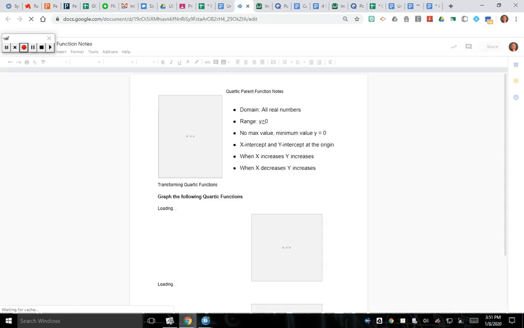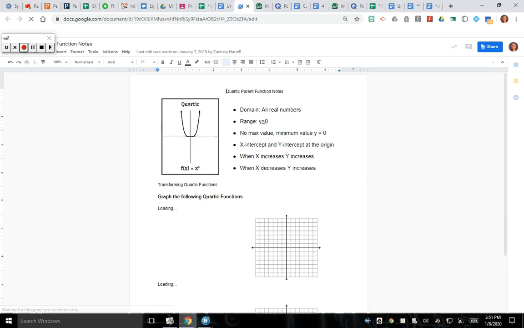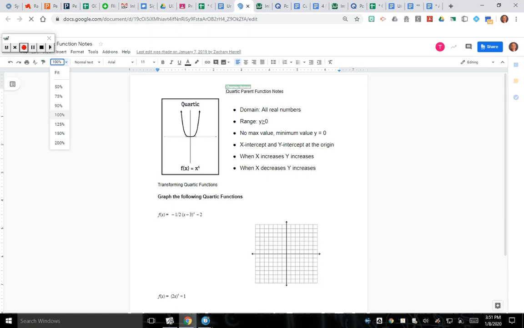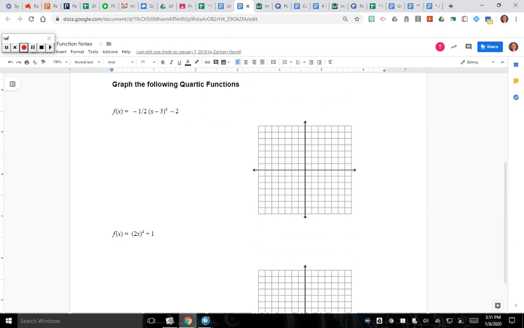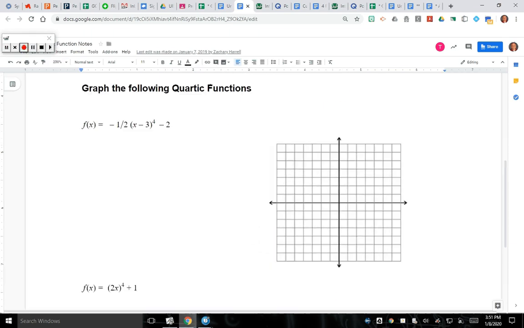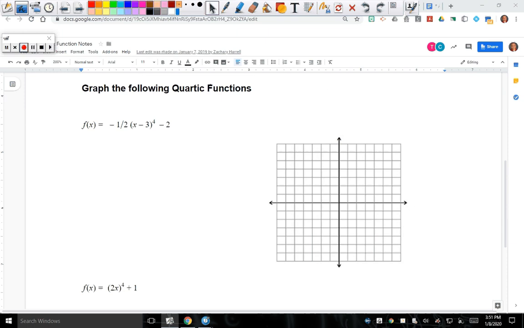Okay, so the quartic one, again, all we're going to do is list out the transformations. I want you to do the drawings and stuff, and you can watch the video if you need to, of what you would do going forward with the graphs. Here we go. The first transformation is a horizontal shift to the right, 3 to the right.